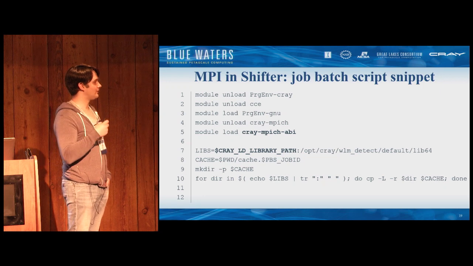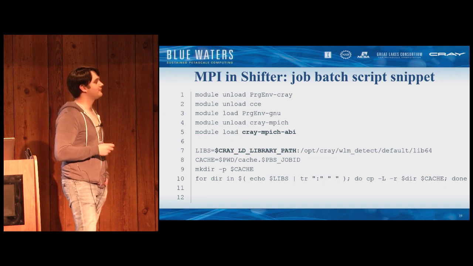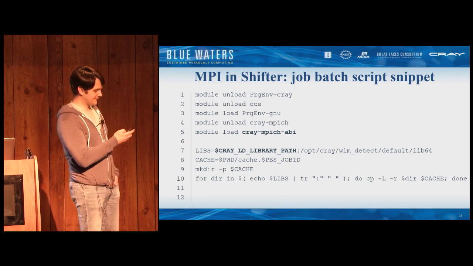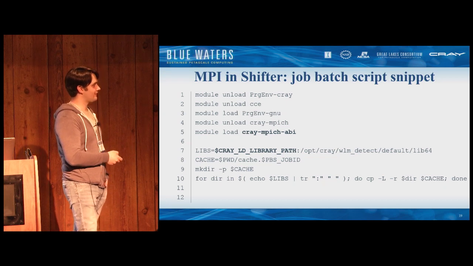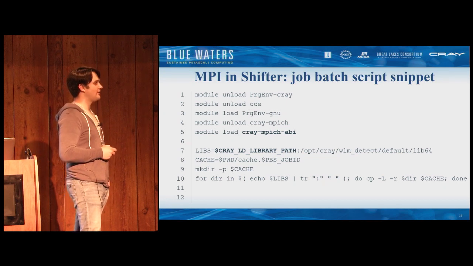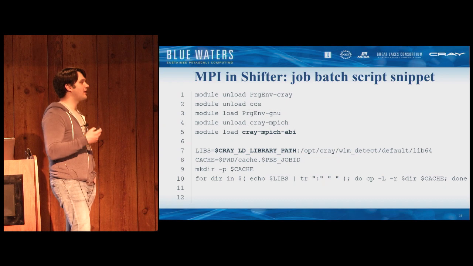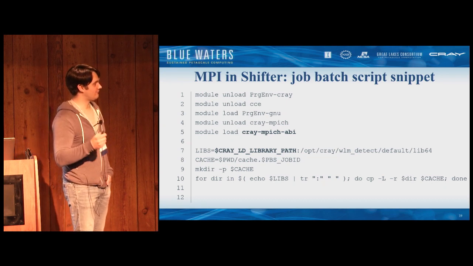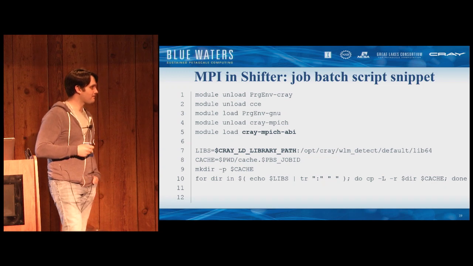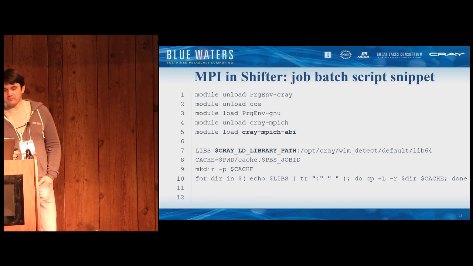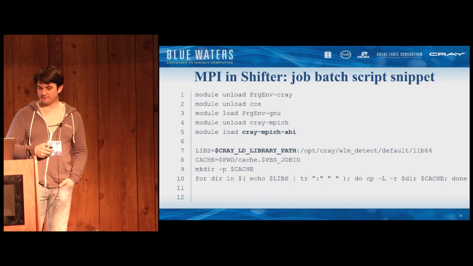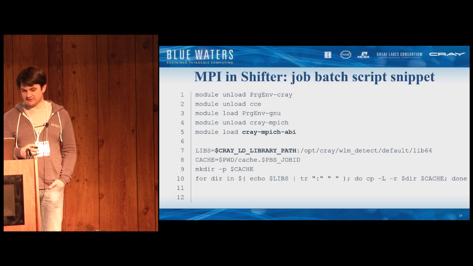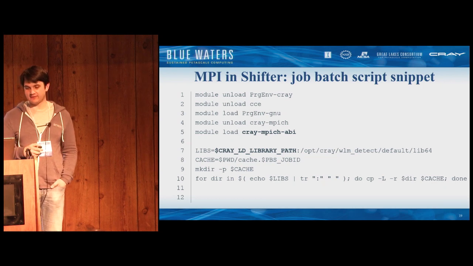Then we load the GNU programming environment and finally load this module, cray-mpich-abi. We actually load the ABI compatible MPI implementation.